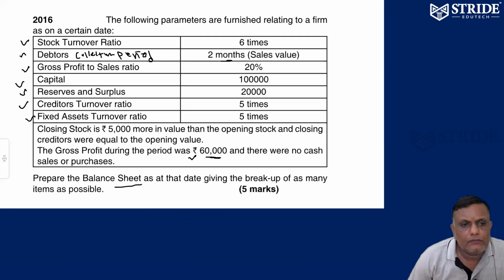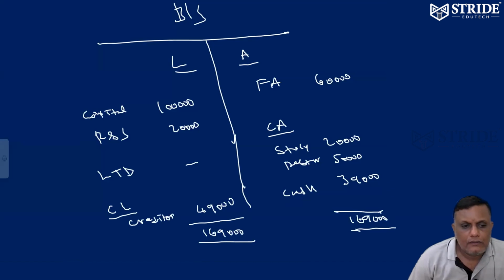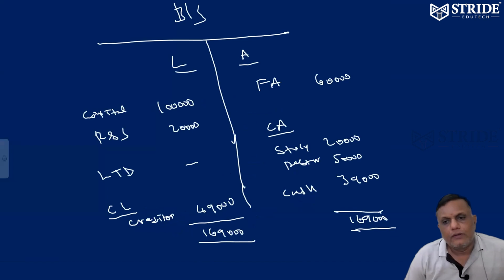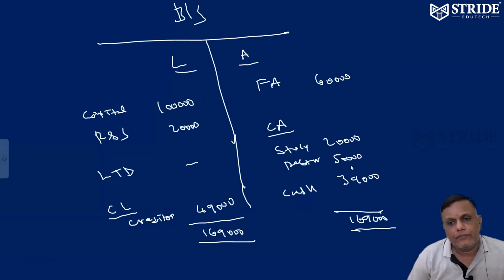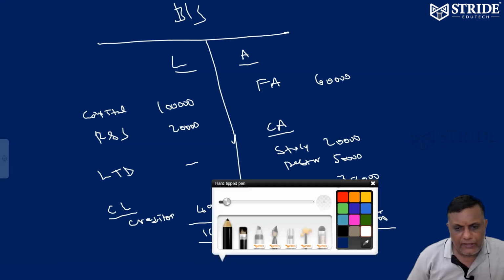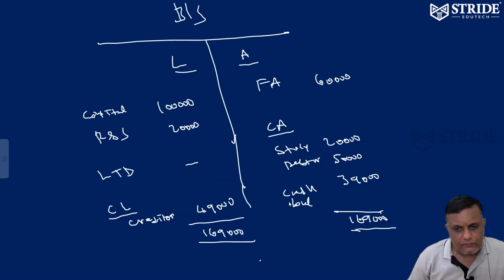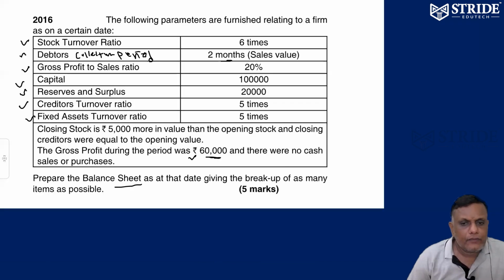All data we used: stock, creditors, fixed asset, everything. 1 lakh 69, 70 plus 60, 1 lakh 30, 39 is missing. The missing figure, let it be cash. So all details we applied.